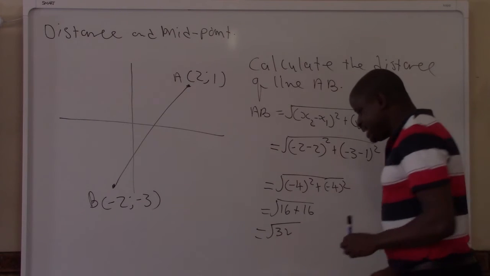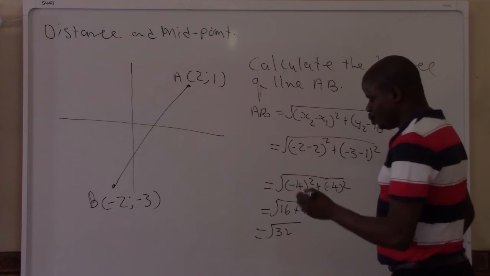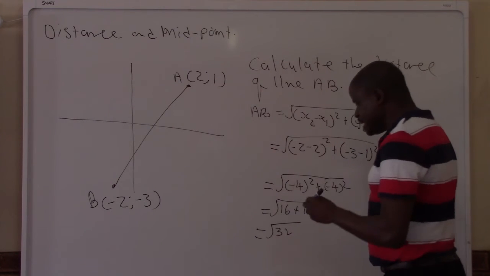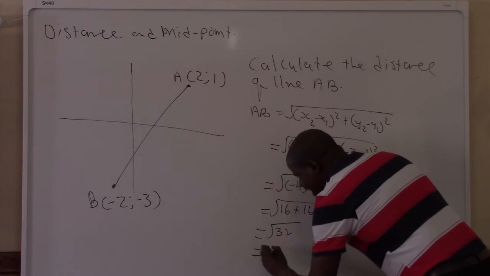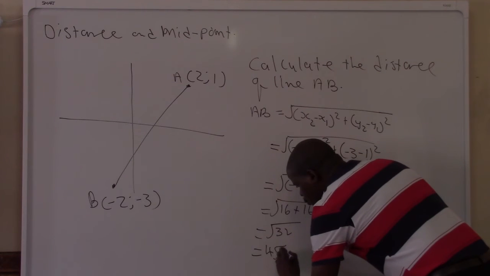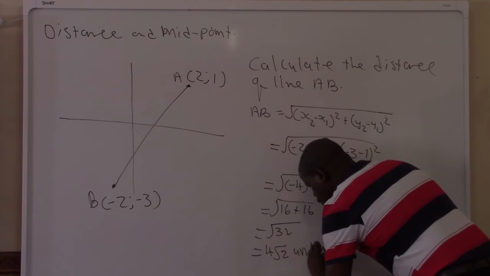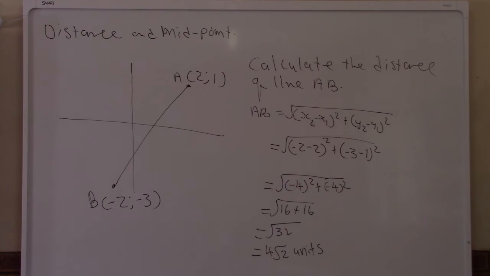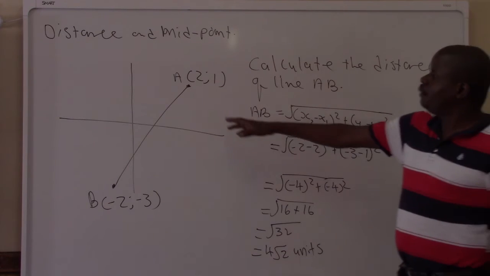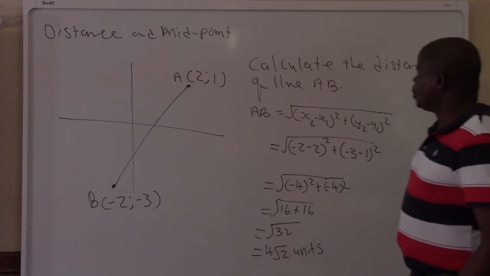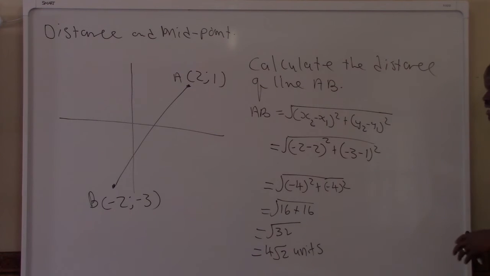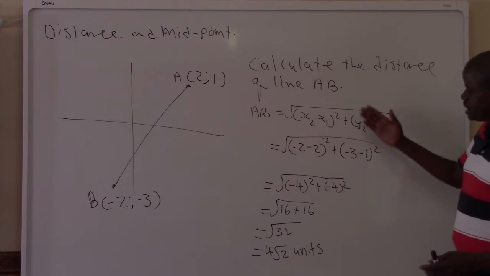So here it is the same as 16 times 2. And then the square root of 16 is 4. So the final answer here will be 4 square root of 2 units. So that is the distance that we are having of AB. So when we calculate the distance, it's that simple.